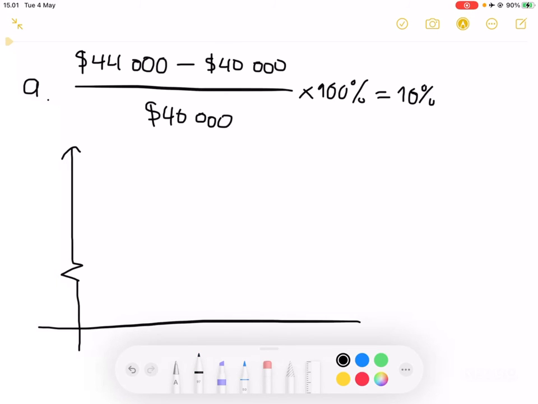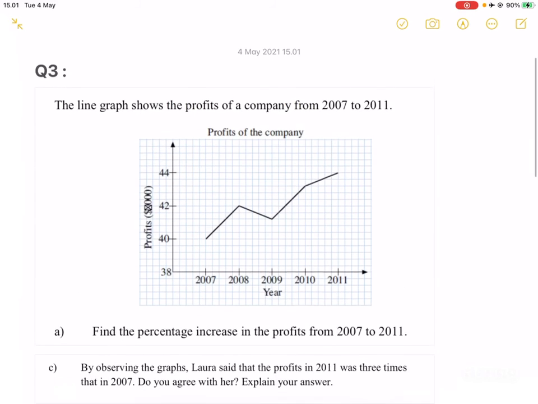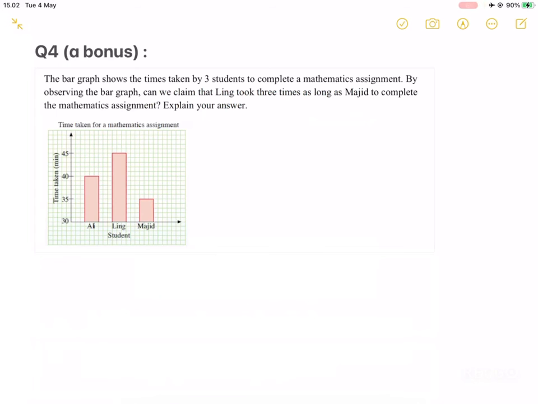So for example, if you have a line graph like this will be 0, and for example this will be 2, and then it will skip to 38. This is an acceptable line graph as long as your origin is at 0, comma 0. So that is the answer for part C, and that also has been question 3.